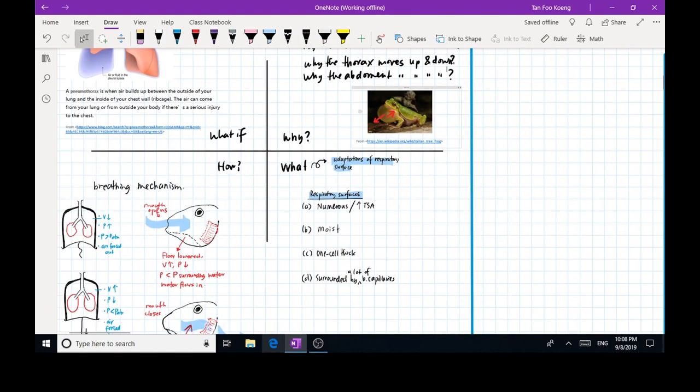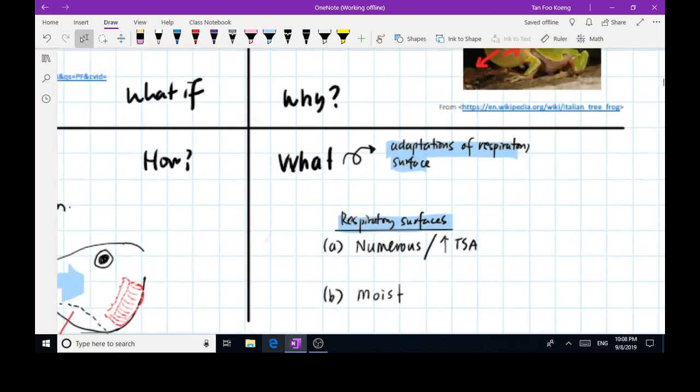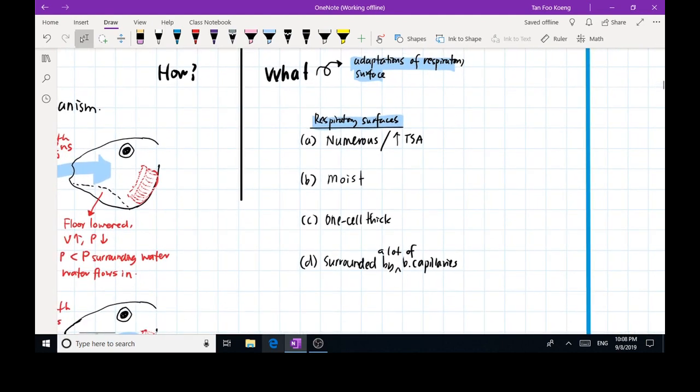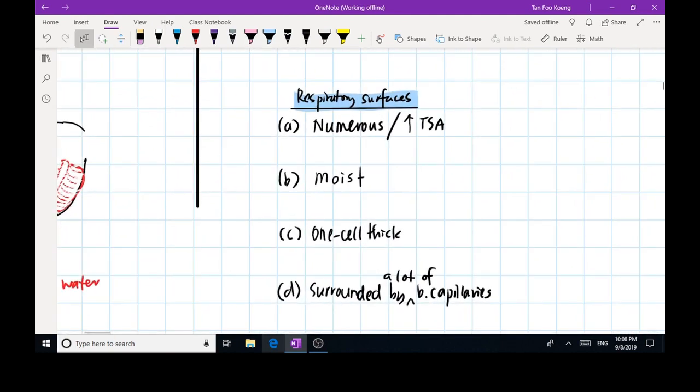So let's look at the second phase. To answer the questions set in the Why phase, we need to look at the What phase. First of all, let's talk about the adaptations of the respiratory surfaces. Basically, in most organisms, the respiratory surfaces are adapted to have a high total surface area.